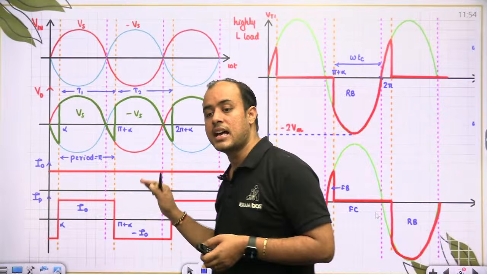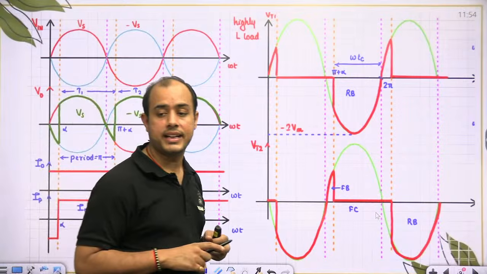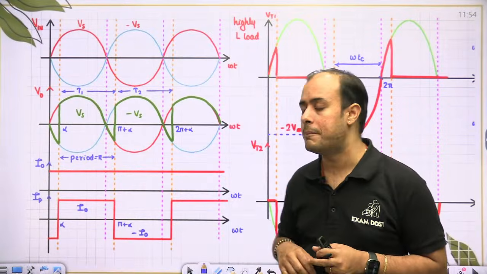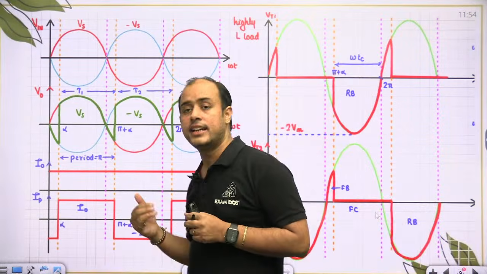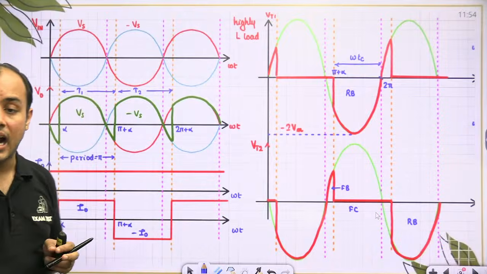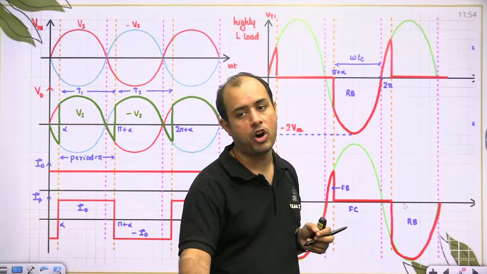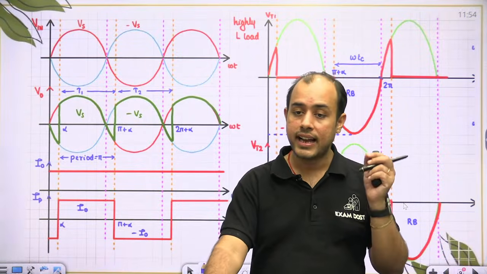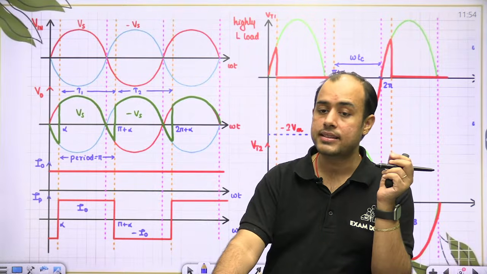So this is a proper square wave, and because I am getting a proper waveform, now I can find its RMS. I can find its Fourier series. Yesterday in the RL load, I was not getting a proper waveform for the current, and hence I was not able to determine the RMS current.